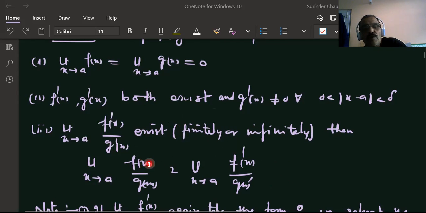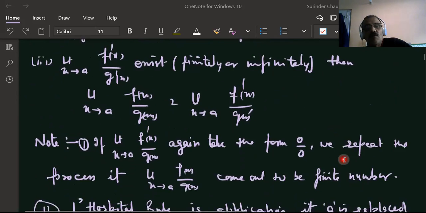We go on: limit x to a of f(x) upon g(x), then limit x to a of f dash x upon g dash x, differentiating numerator and denominator separately. If this is again a 0 by 0 form, then it equals limit x to a of f double dash x upon g double dash x, and so on till we get the finite limit. That's the use of this L'Hospital rule, and it will help us in finding the limit of a function.